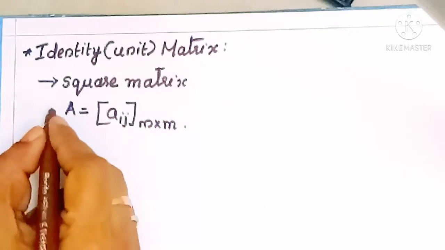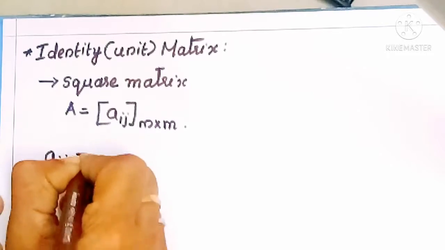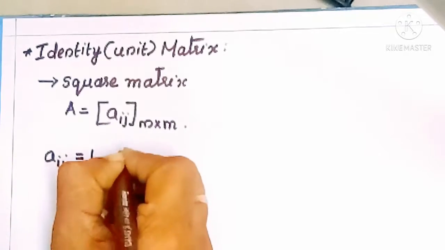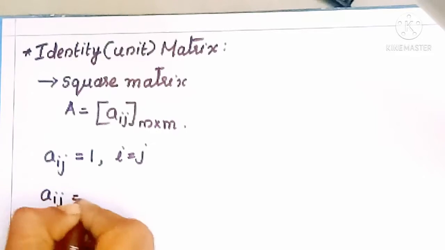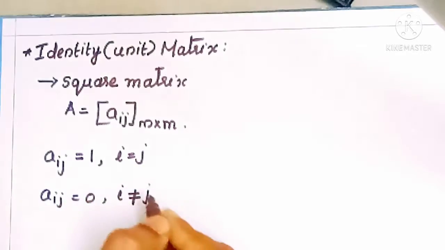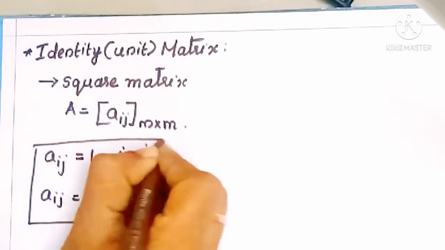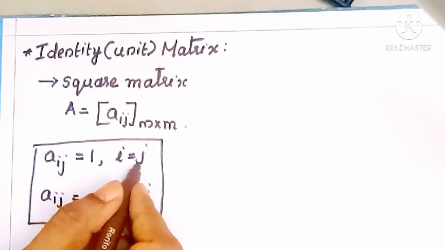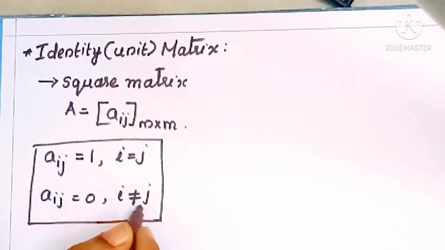In an identity matrix, the condition becomes Aij equal to 1 when i is equal to j. Otherwise, Aij is equal to 0 for i not equal to j. This is the condition of a unit matrix. What is the condition? Aij is equal to 1 when i is equal to j, and Aij is equal to 0 for i not equal to j.